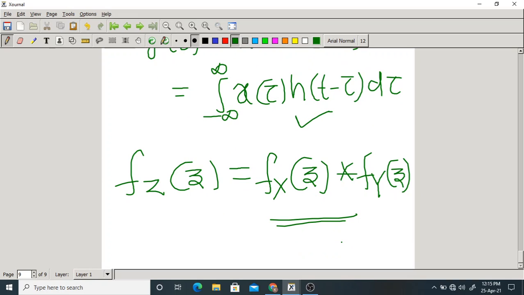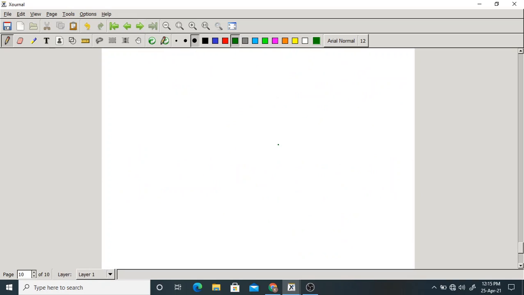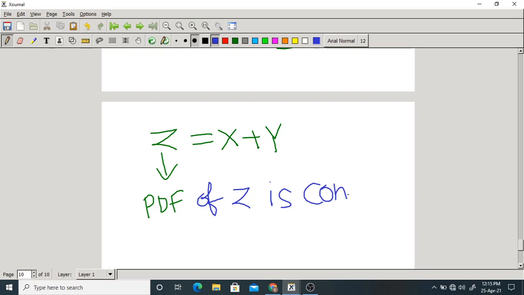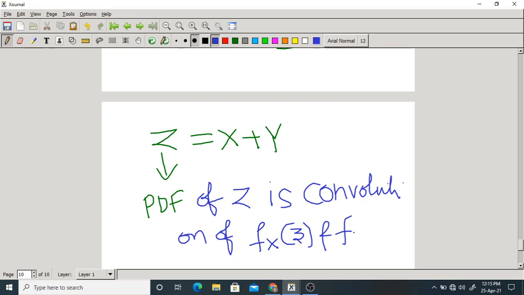The important thing is, if z equals x plus y, the PDF of z is not a sum of two PDFs. PDF of z is what? Convolution of fx of z and fy of z. It is not a summation.